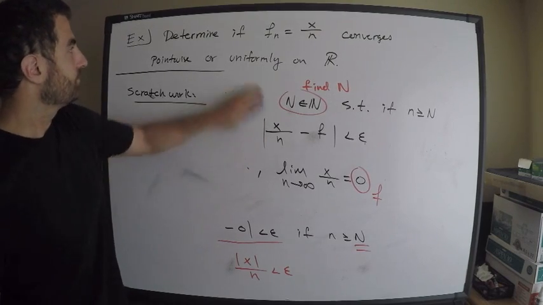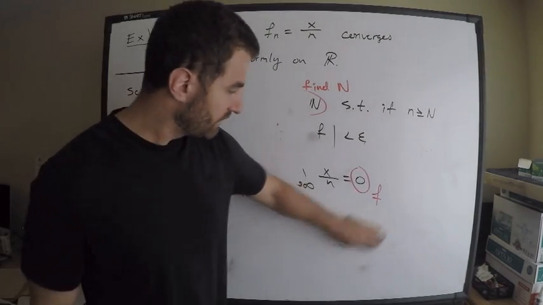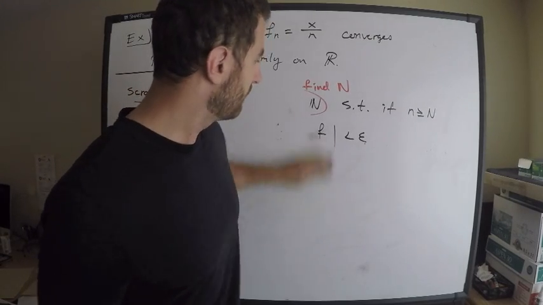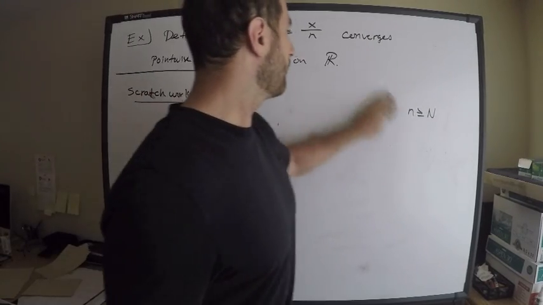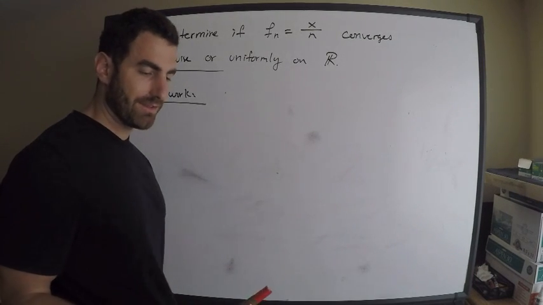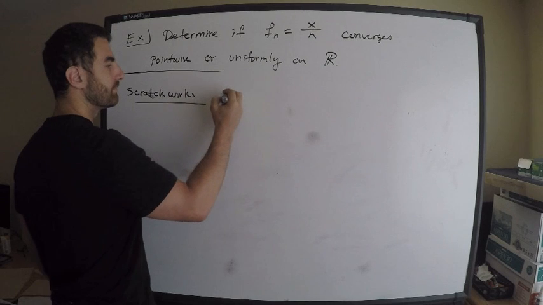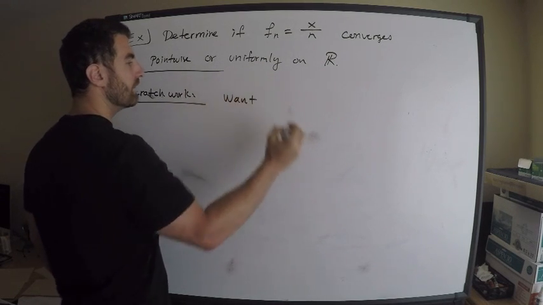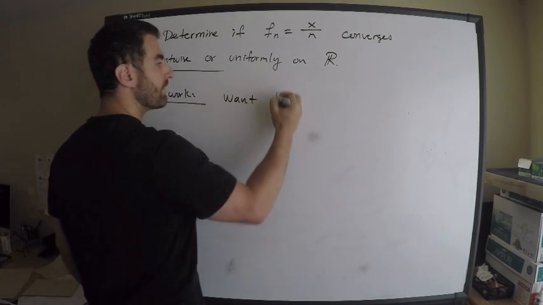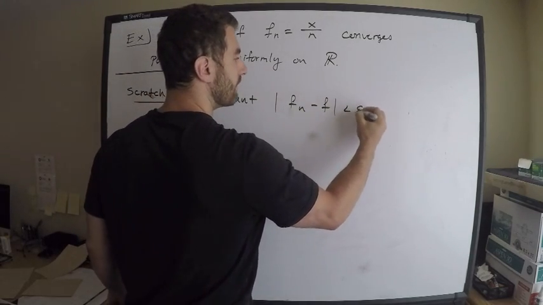Now, let's see what we can do. I'm going to start with what we want. It's kind of backwards when you approach a problem like this. It's almost like cheating. So we want, I'll just write it out one more time, |f_n - f| less than epsilon.